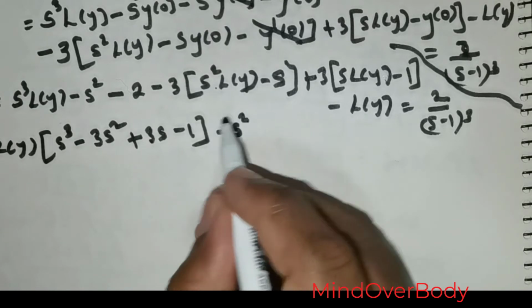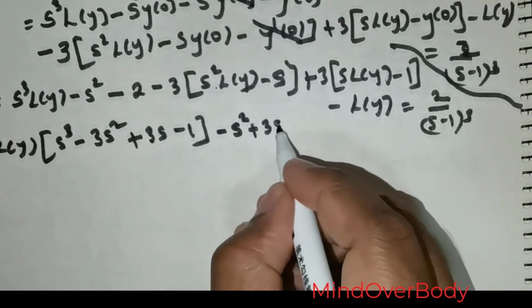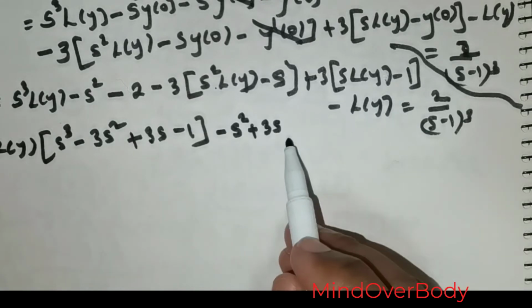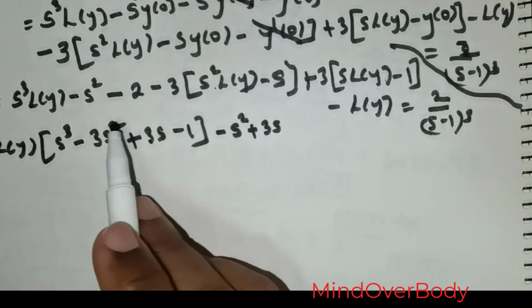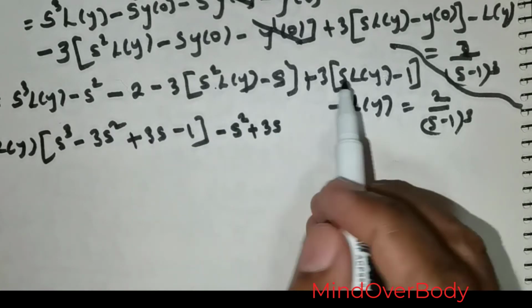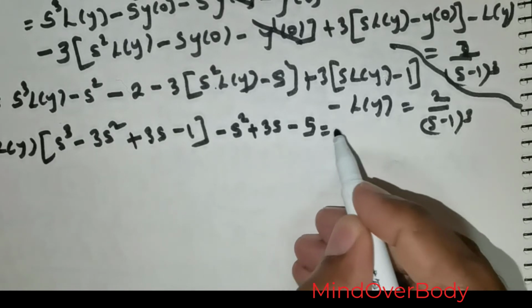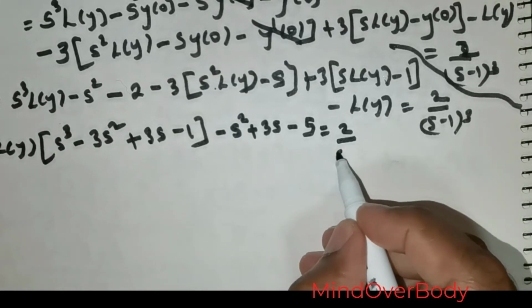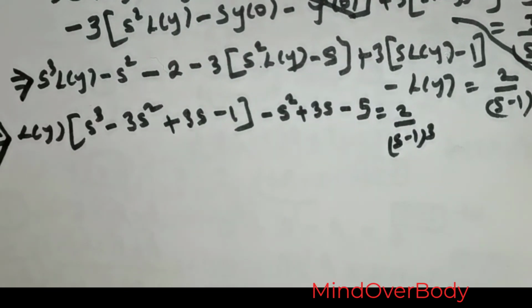It's going to be minus s squared and plus 3 times s, and that's it. And followed by quantities with constant term. So it's going to be minus 2 and a minus 3, that's going to be minus 5, is equal to 2 over (s minus 1) raised to the power of 3. So this is what we have got.